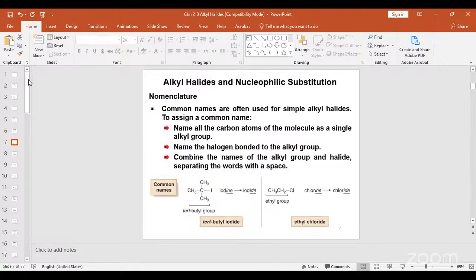Now, generally, common names are often used for simple alkyl halides. You name the carbon atoms of the molecule as a single alkyl group and name the halogen bonded to the alkyl group. Combine the name of the alkyl group and halide, separating them with a space.